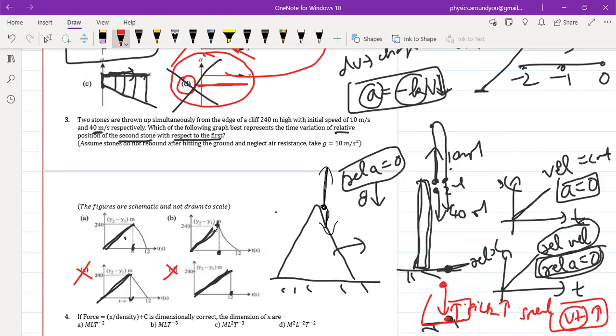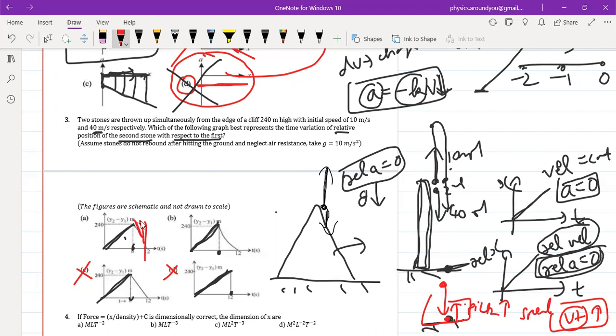Between A and B, how would the curve look? Is it like that or is it like this? You see, it should be becoming more and more positive. It should pick up speed. If it's picking up speed, slopes should be increasing with respect to time.